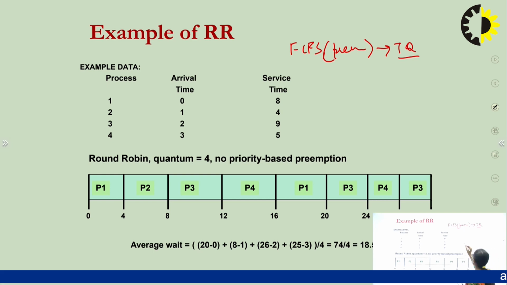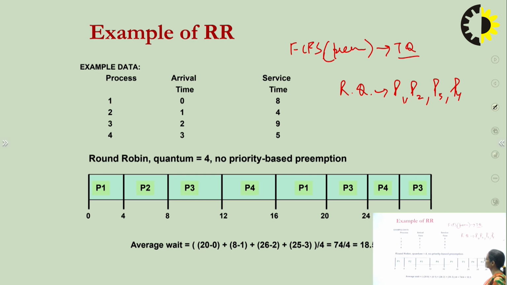So first we need to maintain the ready queue. In this case, the ready queue is P1, P2, P3, and then P4, according to our arrival time.